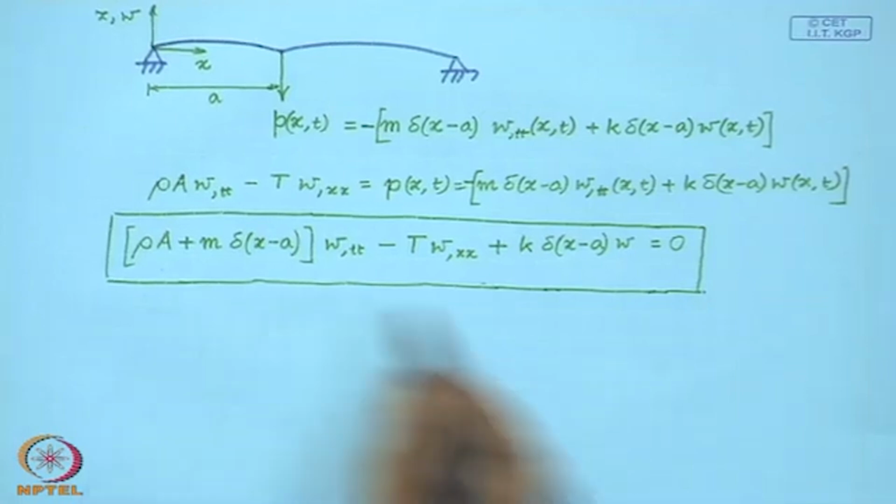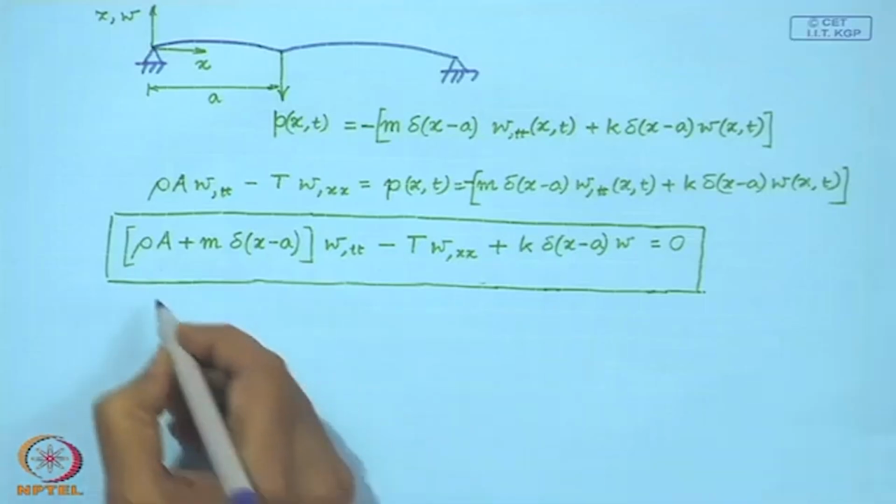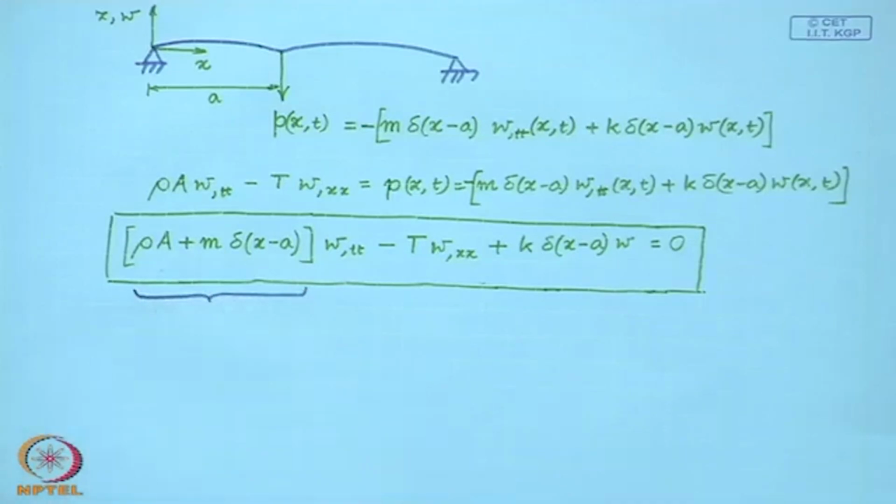So, this is finally the equation of motion of the string with an oscillator attached to it. Now, you can see from this term is nothing but the mass per unit length.